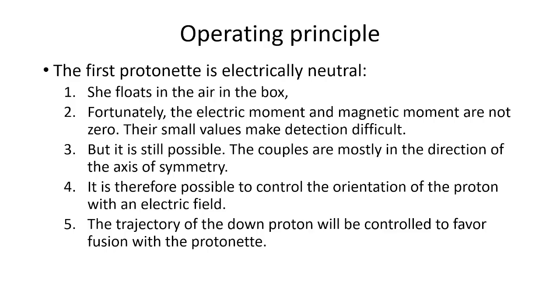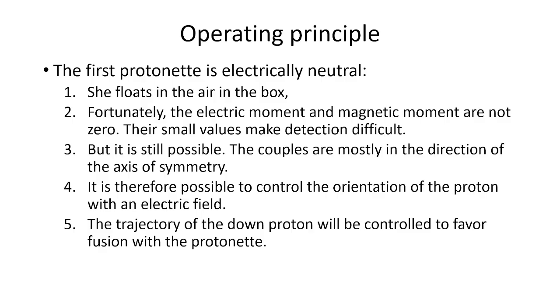The first protonate is electrically neutral when it floats in the air in the box. 2. Fortunately, the electric moment and magnetic moment are not zero. Their small values make detection difficult. 3. But it is still possible.